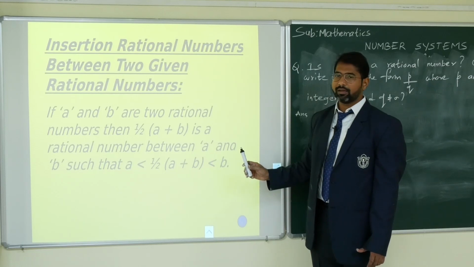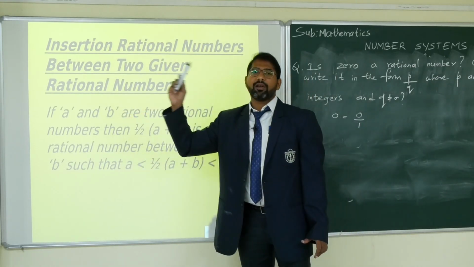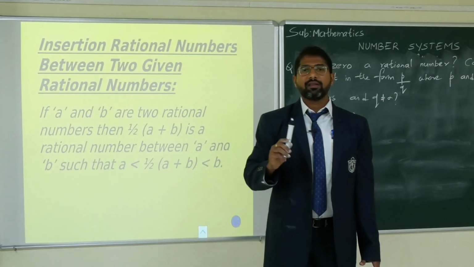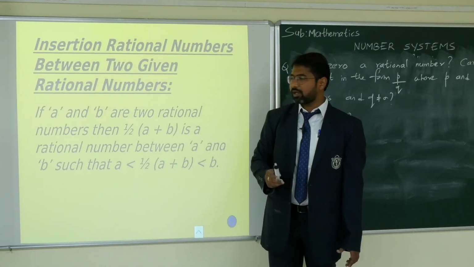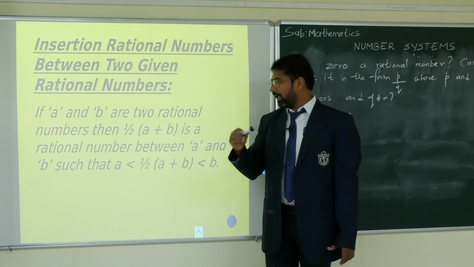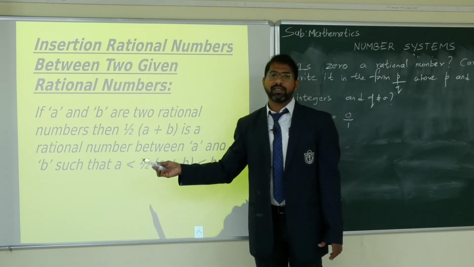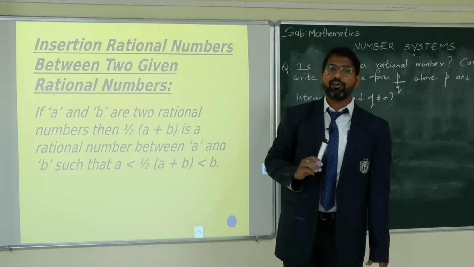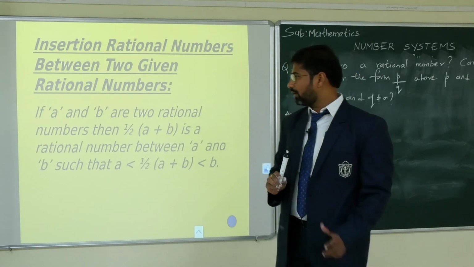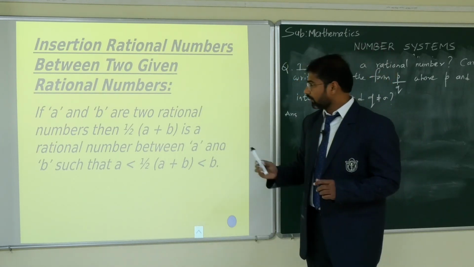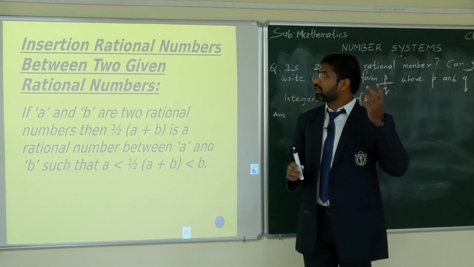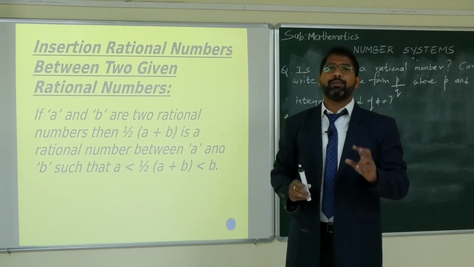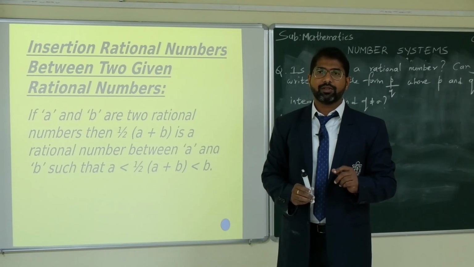Here I assume that a is smaller than b. Once again I will read. If a and b are two rational numbers, then half of (a plus b) is a rational number between a and b, such that a is smaller than half of (a plus b), which is smaller than b. Now you may have a question, how many rational numbers can we insert between two given rational numbers?